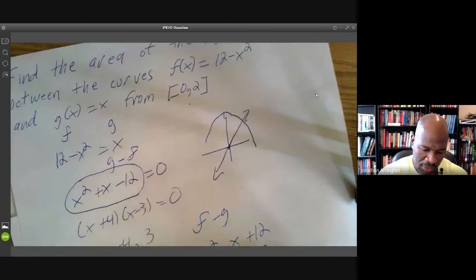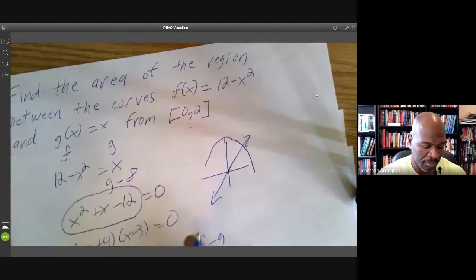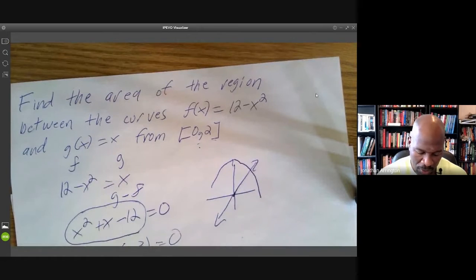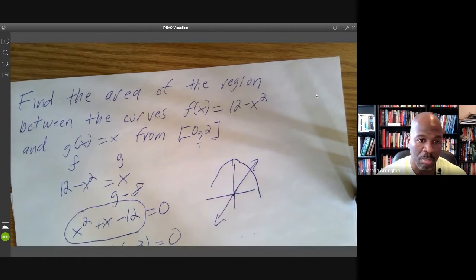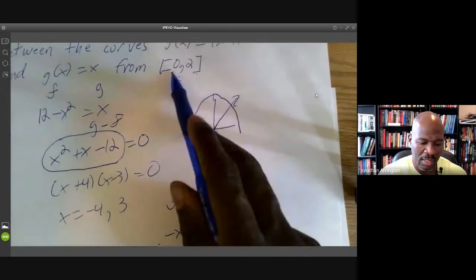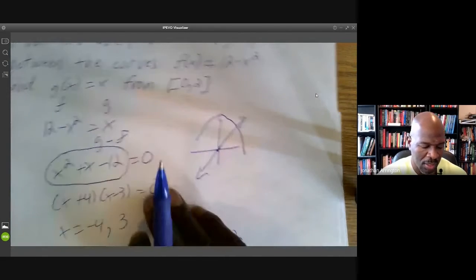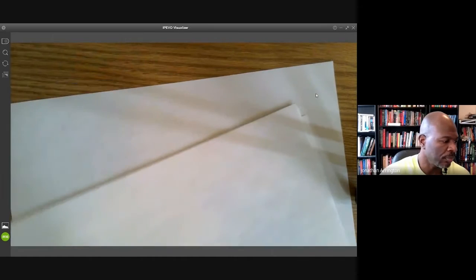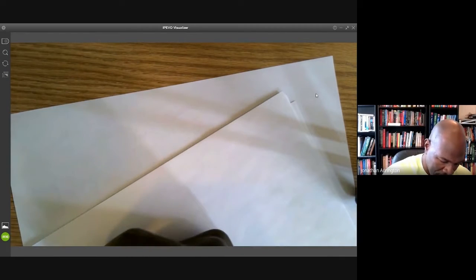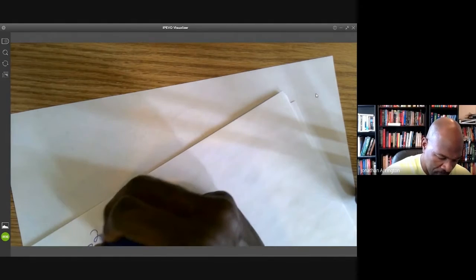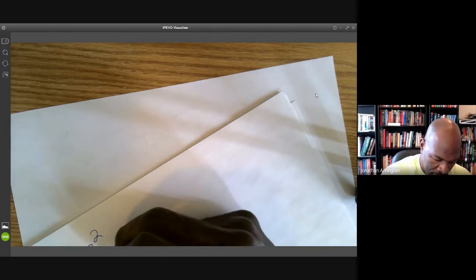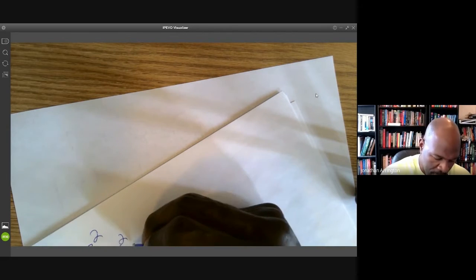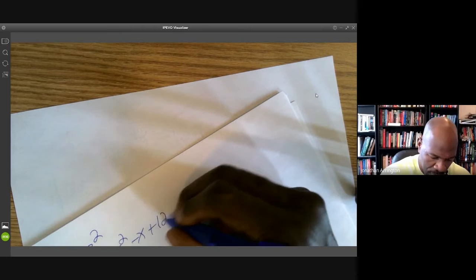So again, this is what I'm going to integrate from 0 to 2. And since I did it in the proper order, I don't have to worry about an absolute value sign. And since the points of intersection are not in this interval, I only have to do one integral. So we're integrating from 0 to 2, -x squared minus x plus 12.